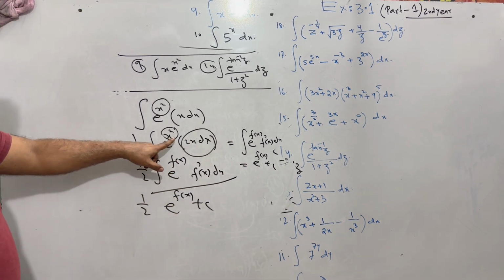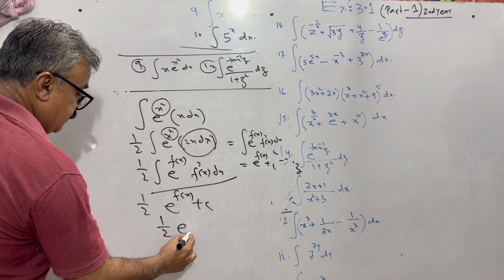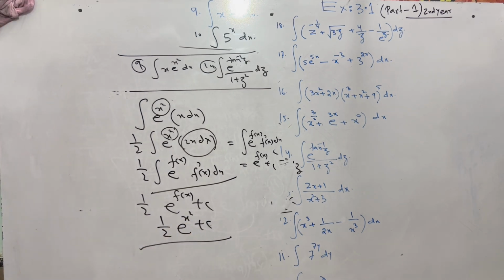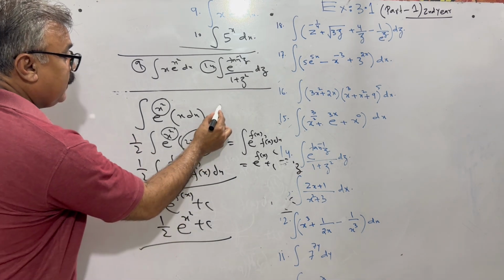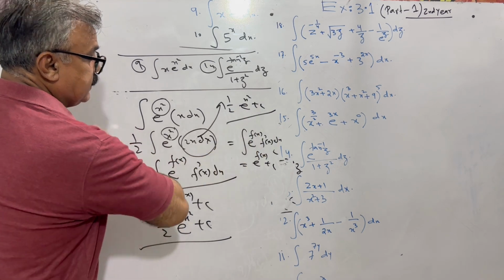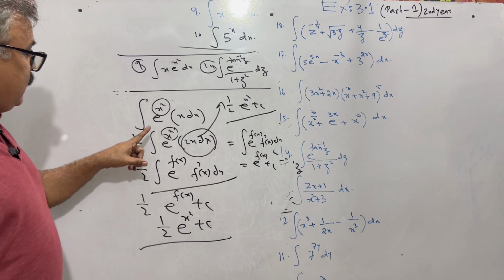F of x is our x square. So we have 1 over 2 e raised x square plus c. Or one can write directly from here: 1 over 2 e raised x square plus c is our integration in that case.